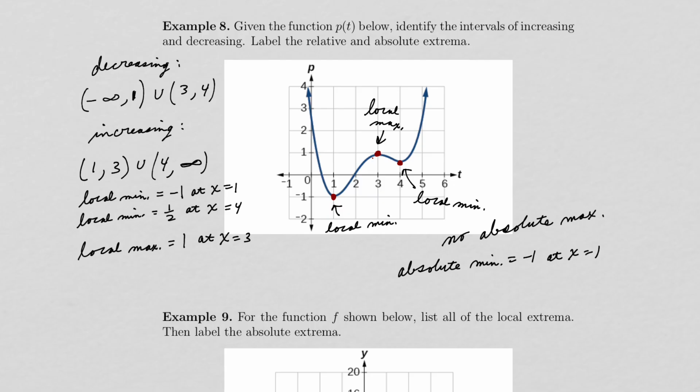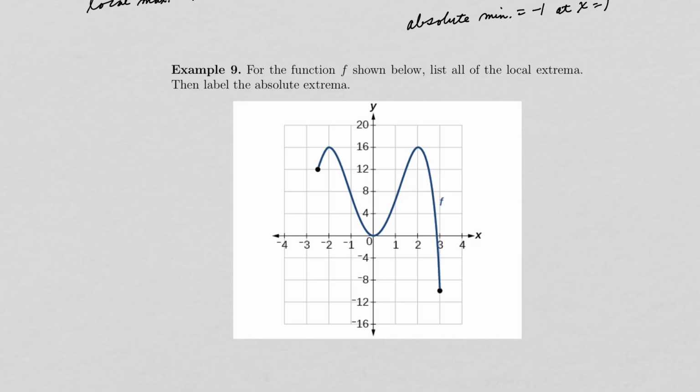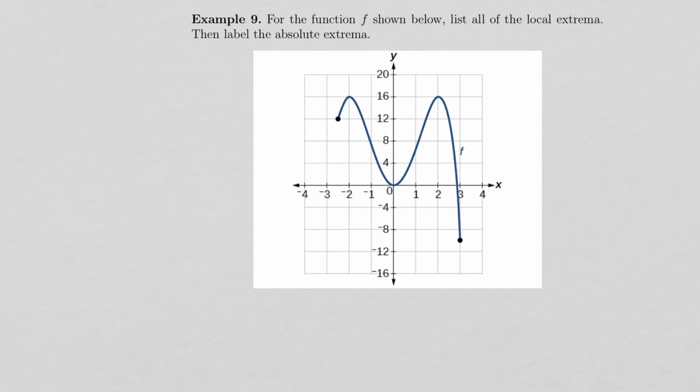Let's look at another example. All right, what about this one? So this one we want to just find all the local extrema and then absolute extrema. Well, are there any hills or valleys?